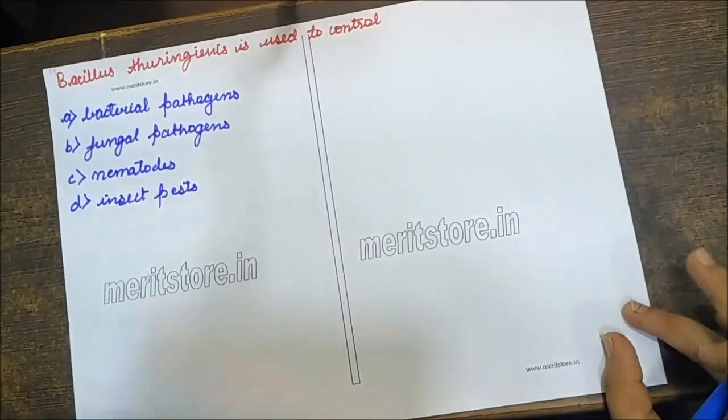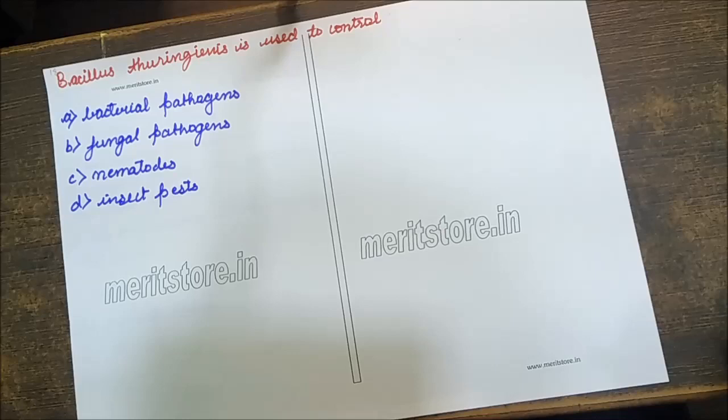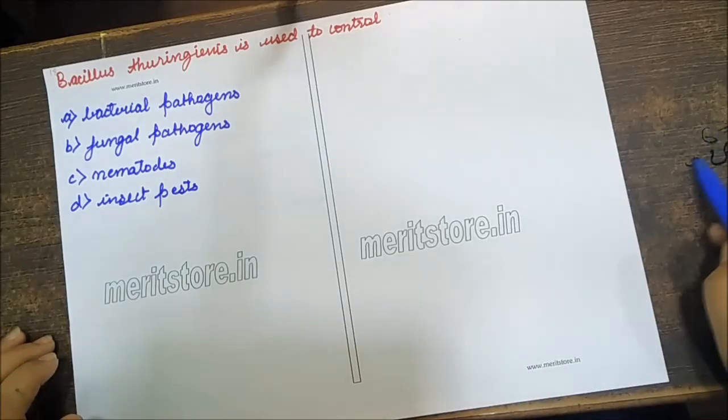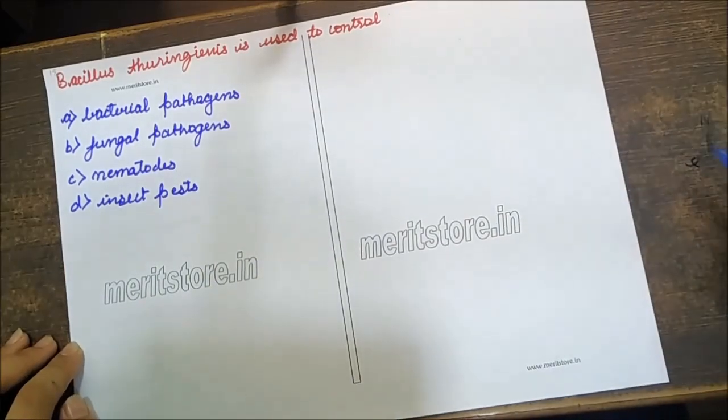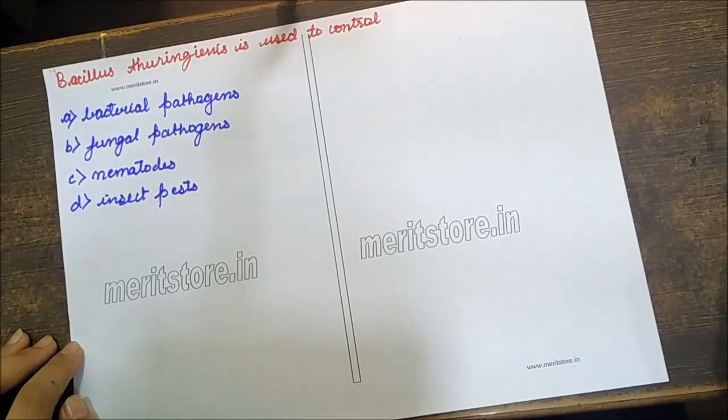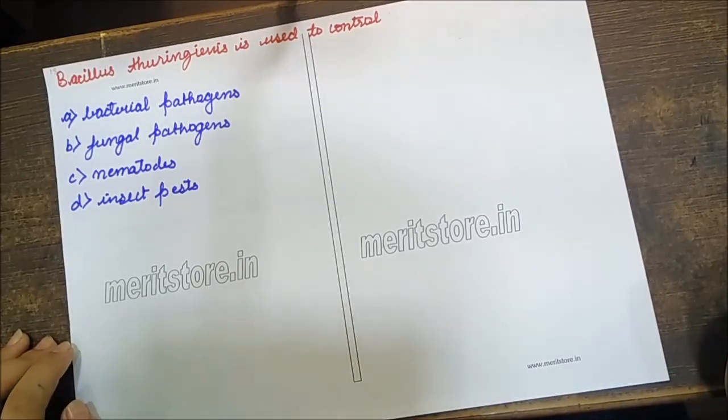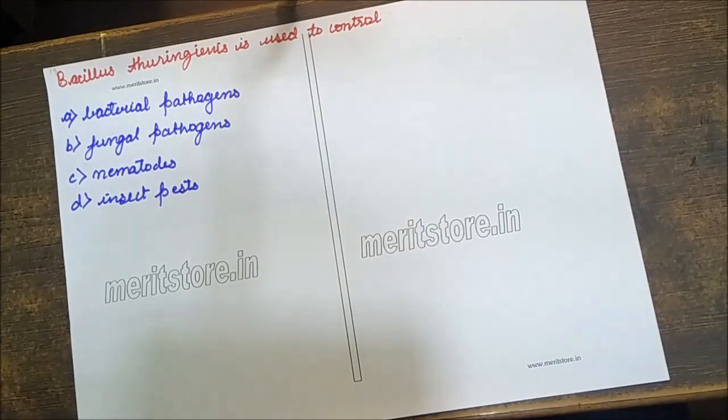Let's move on to the next question. Bacillus thuringiensis is used to control bacterial pathogens, fungal pathogens, nematodes, or insect pests.